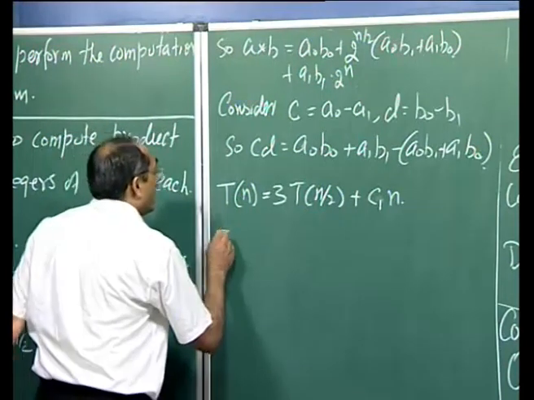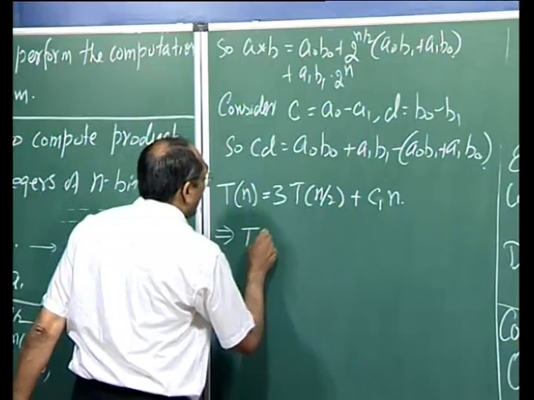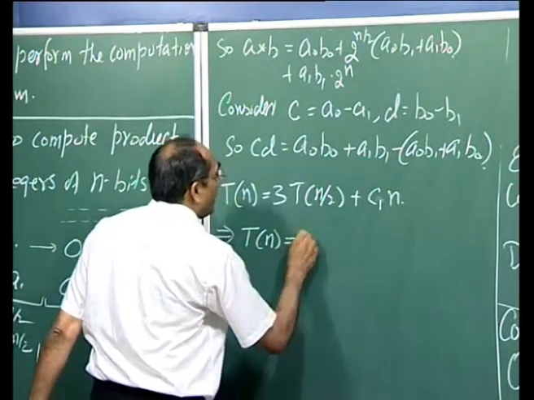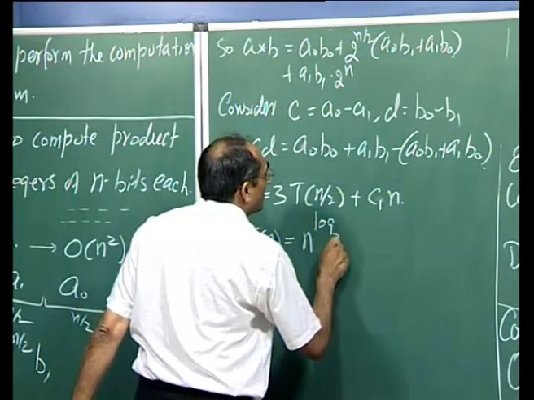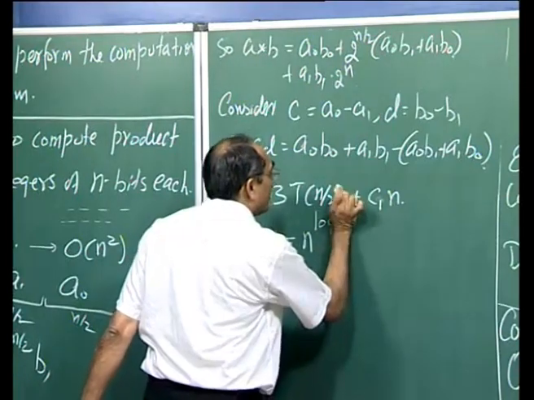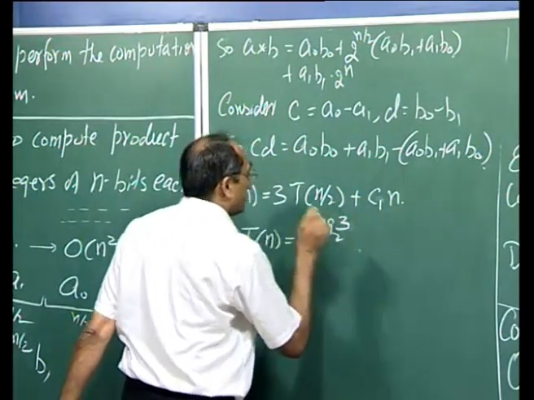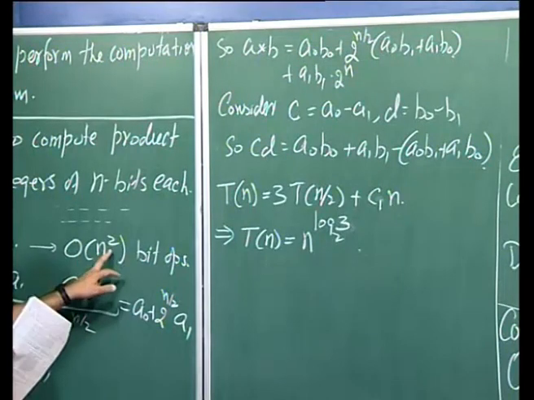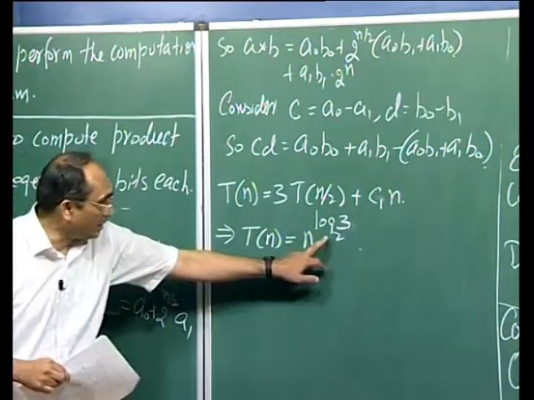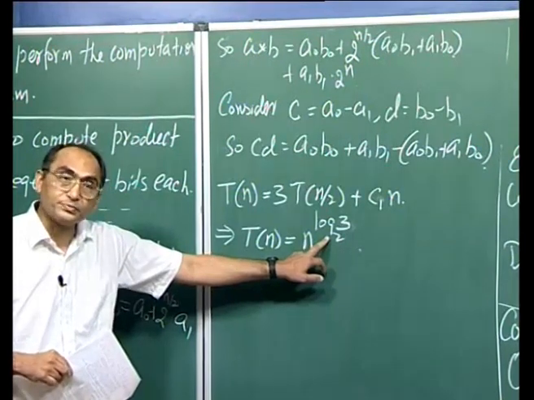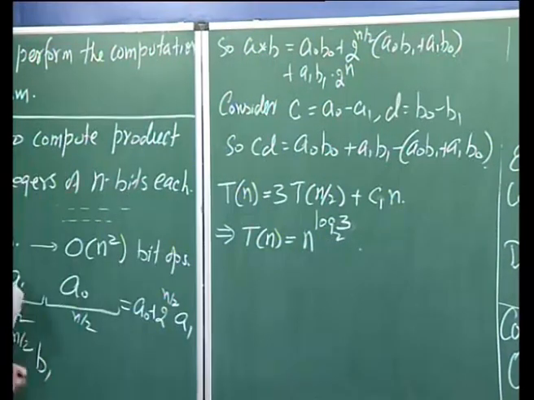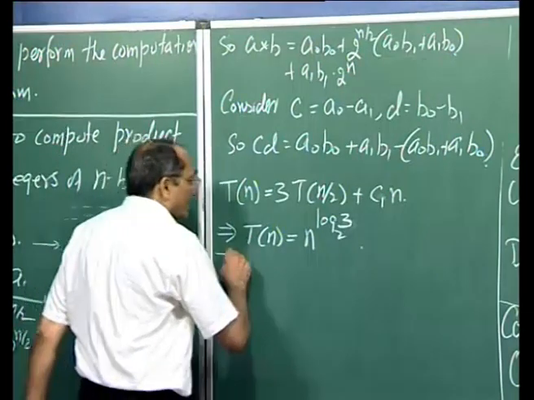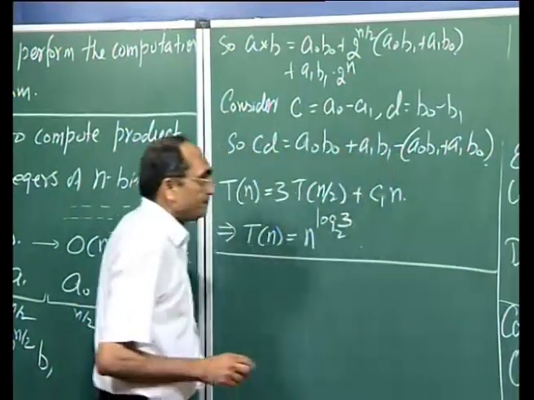Hence, we will get T of n to be n to the power log base 2 of 3. So we can very quickly improve this exponent from 2 down to log 3 base 2. But this trick does not take you much further than that.